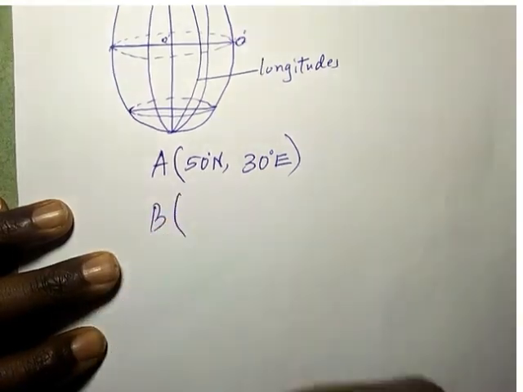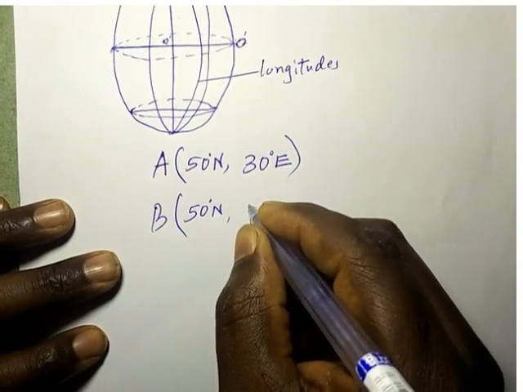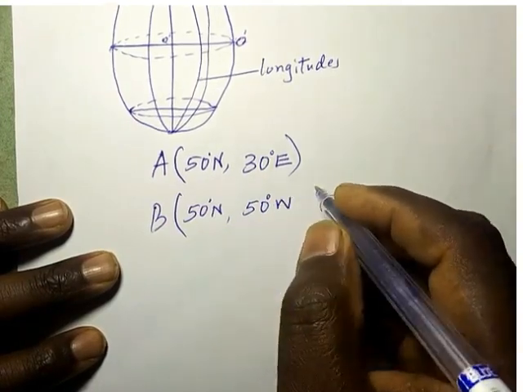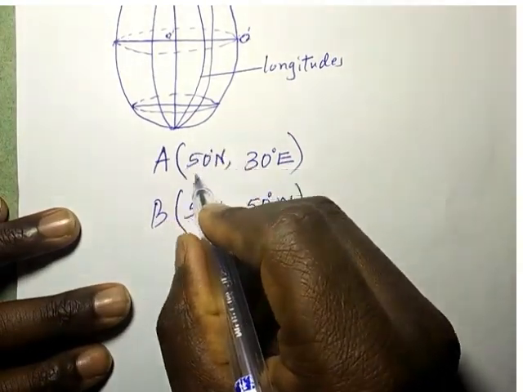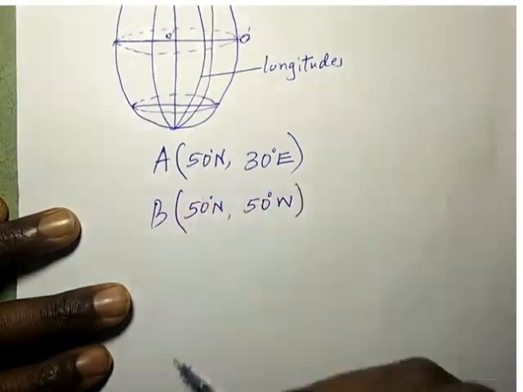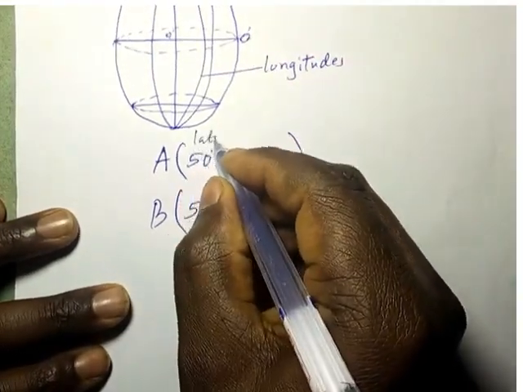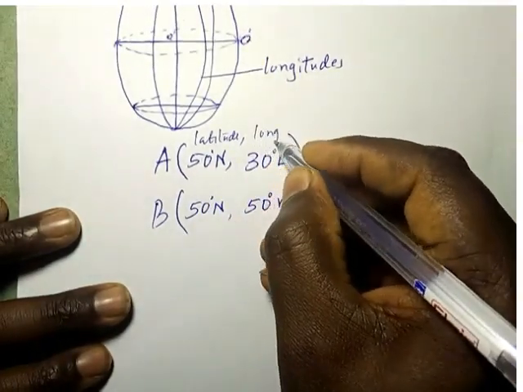P is at 50 degrees north, 50 degrees west. The first angle is the latitude. The second one is the longitude.